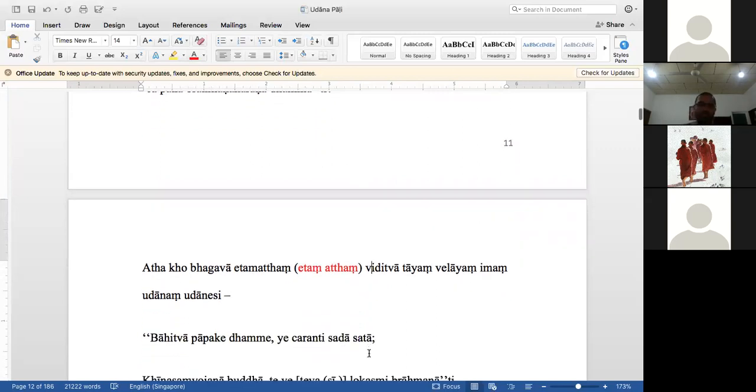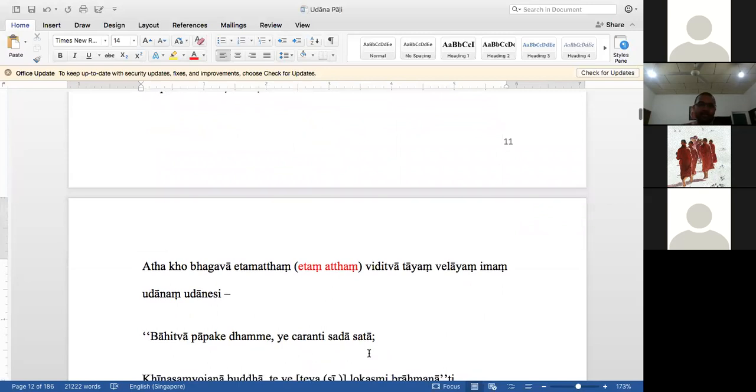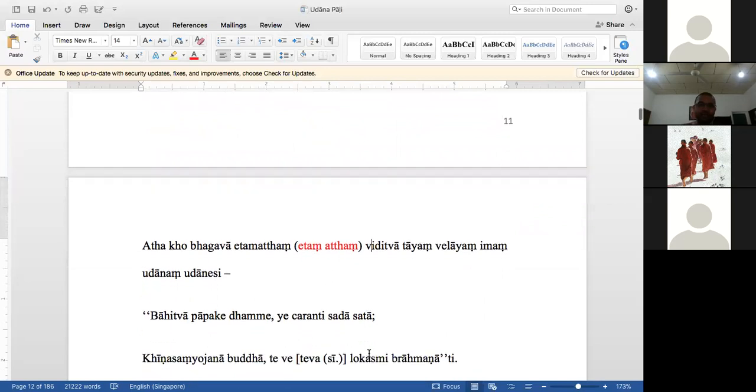He wanted to say that one is called a Brahmin not because of his birth, but because of his qualities. So knowing this meaning, what he wanted to emphasize regarding clan, because of his qualities.